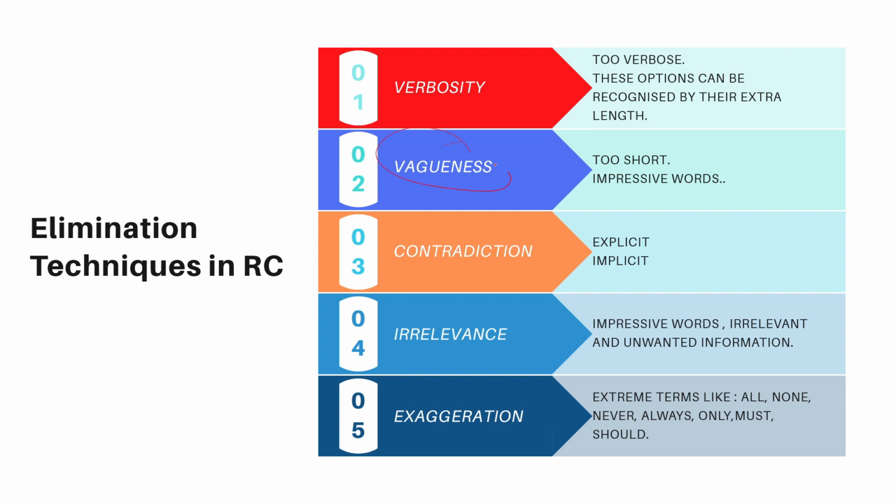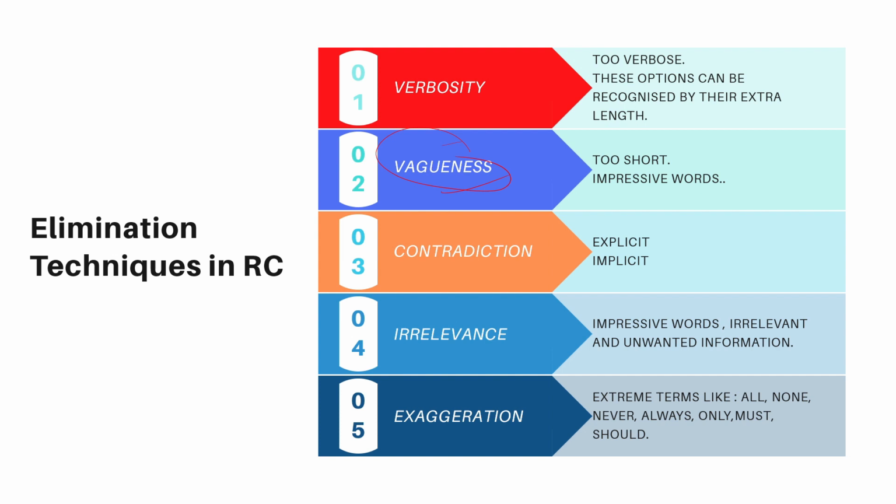Like vague options, irrelevant options are also framed using impressive words and phrases that give an intellectual feel to them. These traps can be identified easily if you have comprehended the question correctly. Whenever you find these impressive phrases and words, just be careful, and if it's not relevant, just eliminate it.